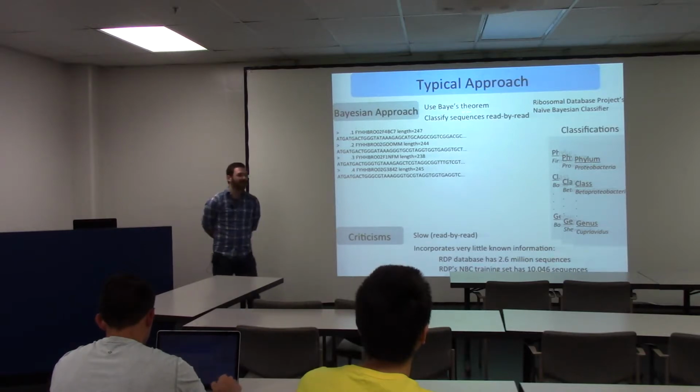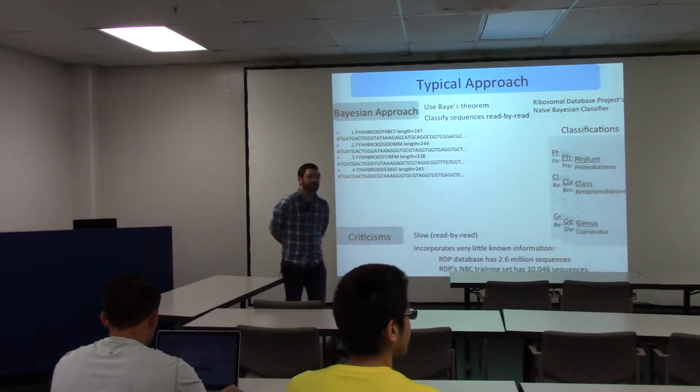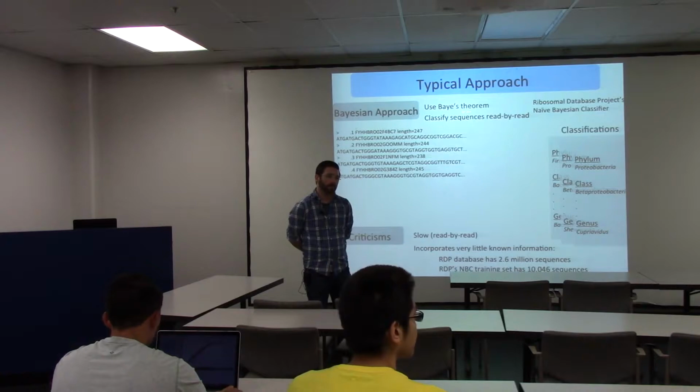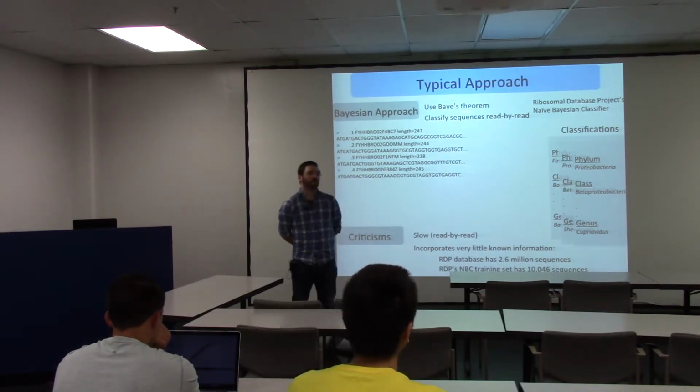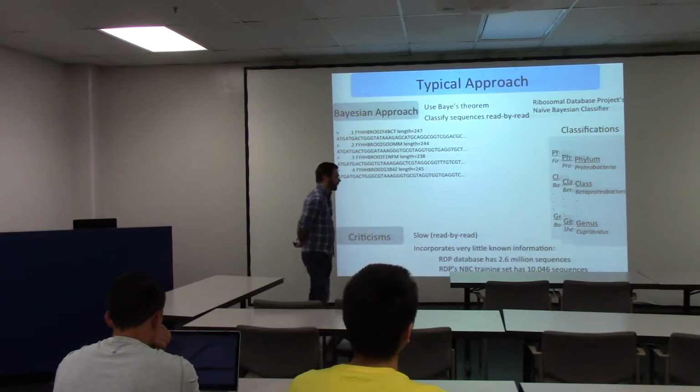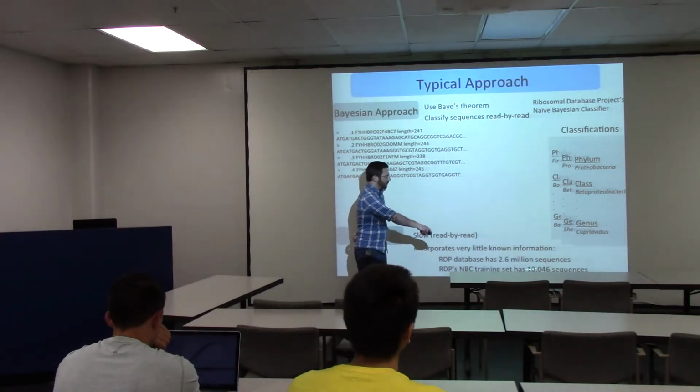Very naive question. Please. How do they select the 10,000 sequences from the 2.6 million? Great question. They're selected to optimize different criteria.